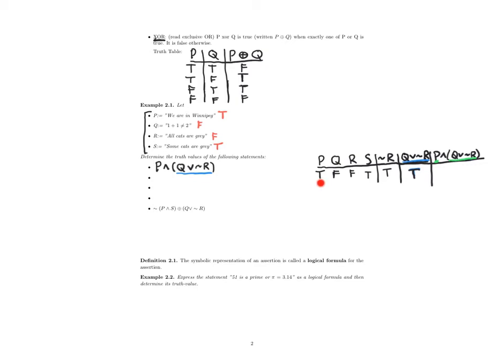So P is true. Q or the negation of R is true. And remember, ands are true exactly when both parts are true. So this is indeed a true statement. And that's how to do kind of all of these. You just kind of break it down into its constituents and you keep going.